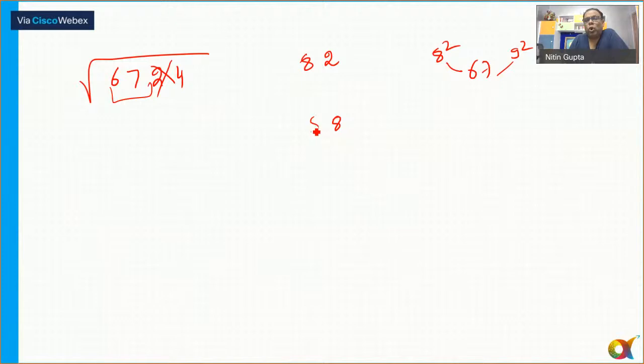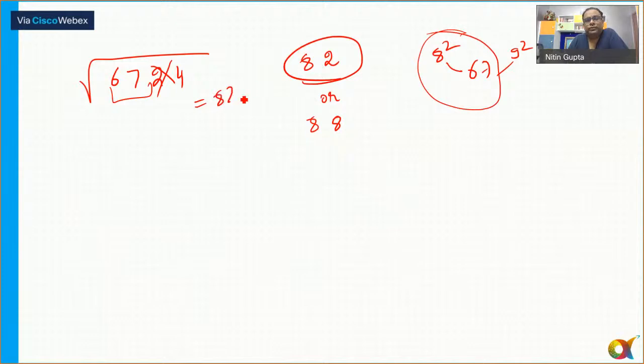So my answer is either 82 or 88. And there are no other possibilities. यही दो में से एक होगा. Now, tell me, 67 is closer to what? I think 67 is closer to 8 square, isn't it? 64. So the answer is 82. All right, this is equal to 82. That's it.